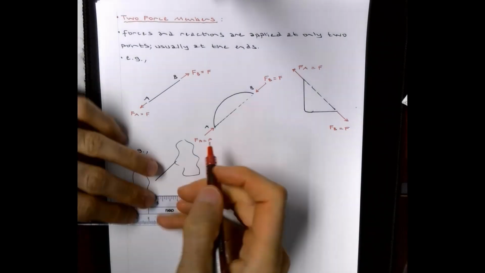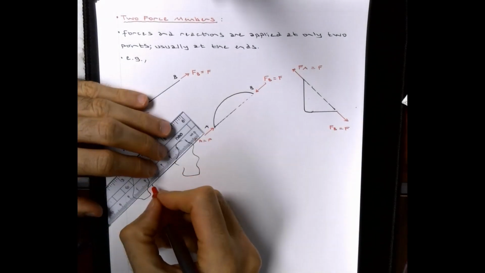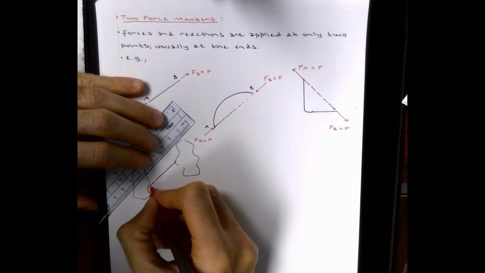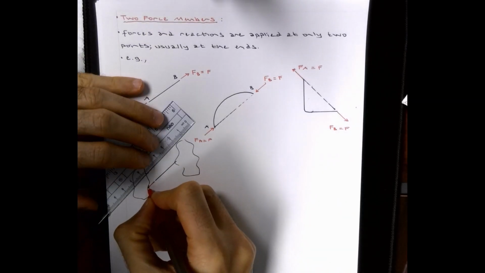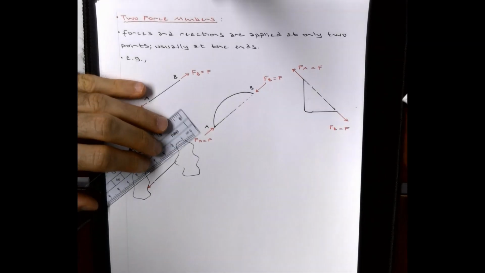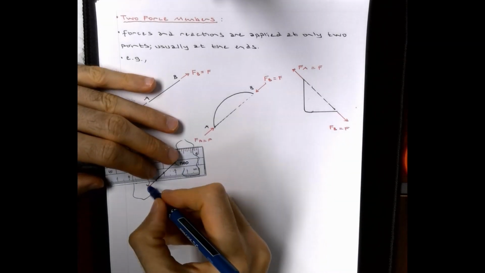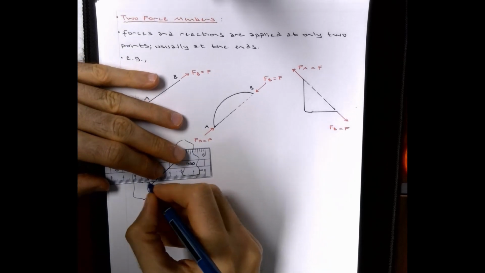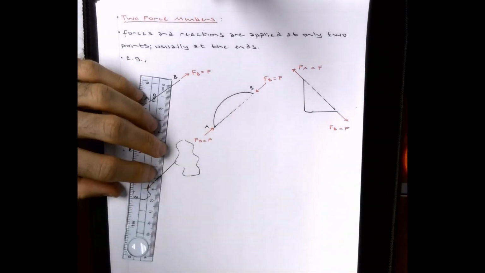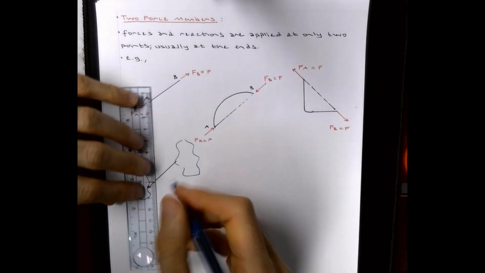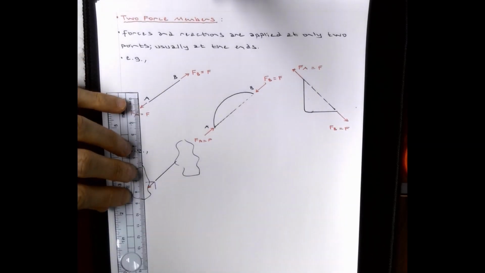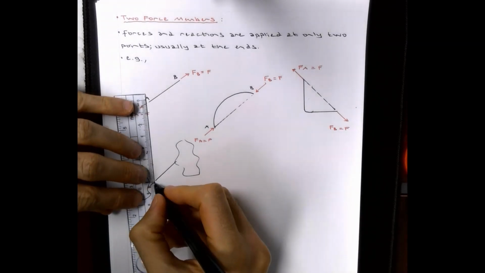So the force would be, let's say, aligned this way, and you can easily calculate the components. So this is not writing properly, so I'm going to use black.